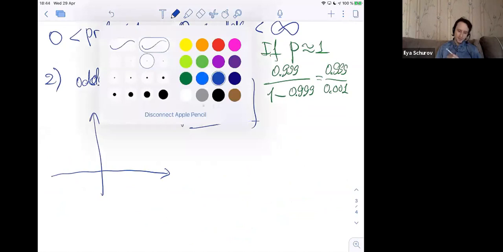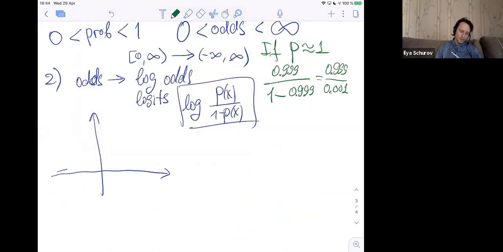Everybody knows that the exponential function is like this, and logarithm is an inverse function. So it is symmetrical, and it looks like this.